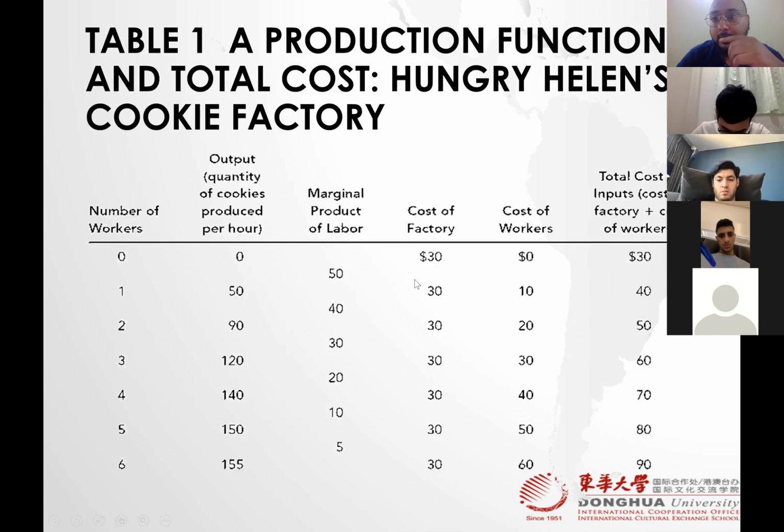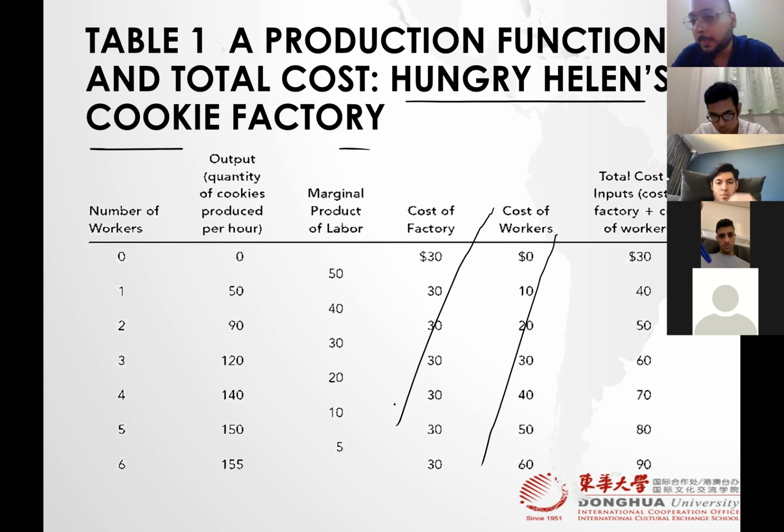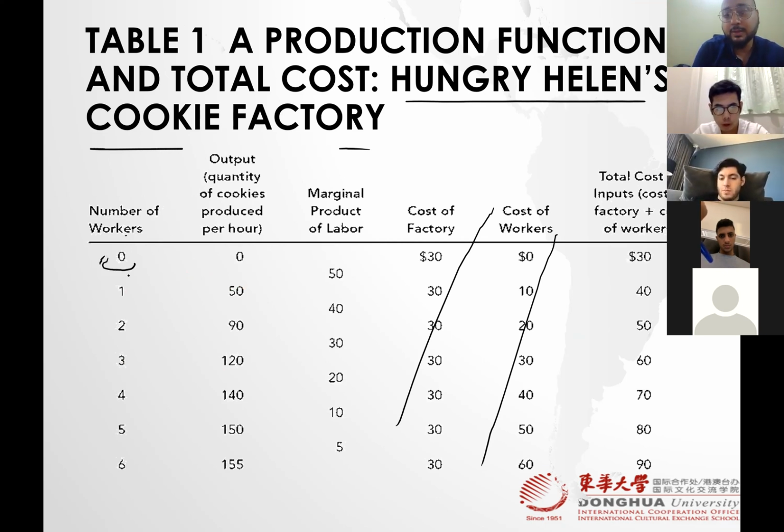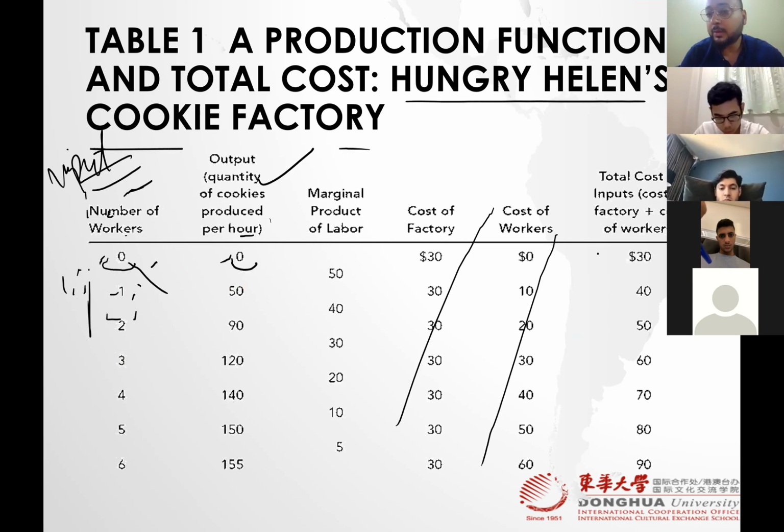So we talked about the example of Henry Helen Cookie Factory, in which we talked about how, if we are not given these two, fixed cost and variable cost, how we can find them out. We see that on zero production, so this is not the production, these are the number of workers, it means these are inputs, right? So this is not the output. Output is this one. So you see, when output is zero, we still have cost.